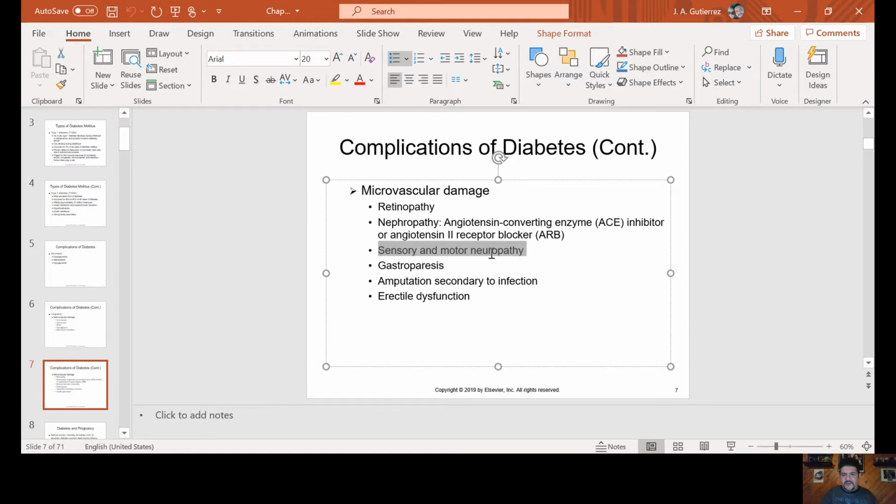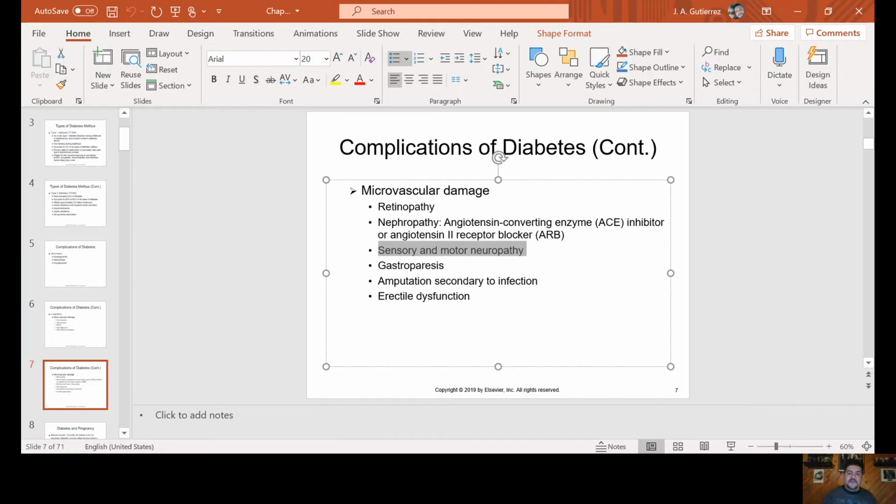Also here, sensory and motor neuropathy is known for patients losing sensation in their extremities, and it's the same thing. We have all this glucose turned into alcohol going all over the body, and it starts to irritate those cells.